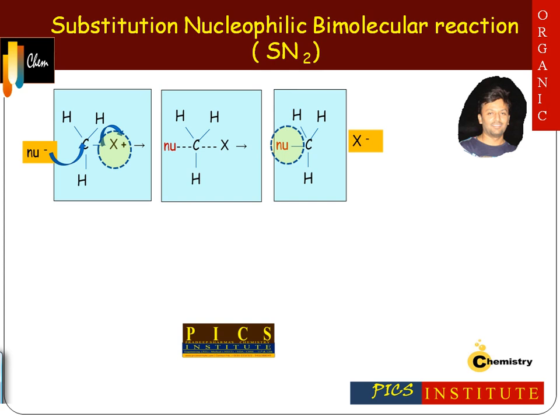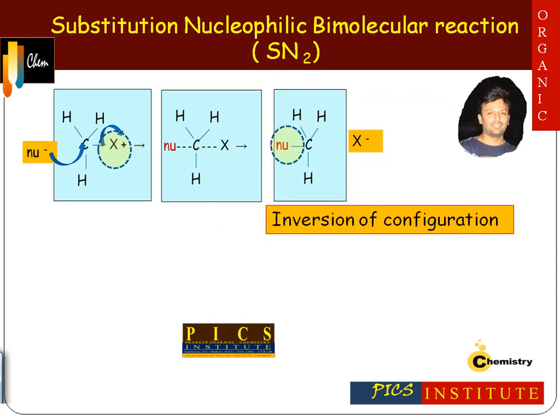Now we can say this type of reaction results in inversion of configuration. If the initial molecule possesses R configuration, then the final molecule possesses S configuration, and this inversion of configuration is also called Walden inversion.